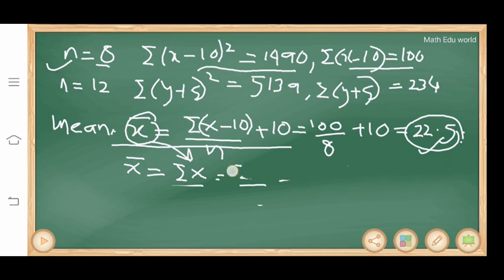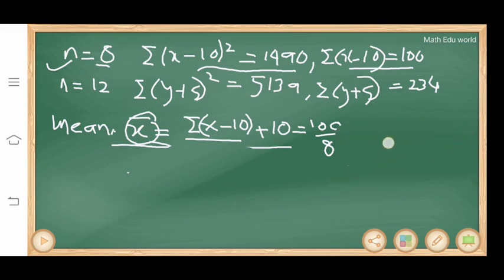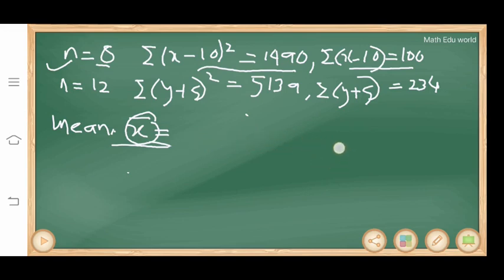Now let's go for the next part of this question, that is to find sigma x squared. To find sigma x squared, we need to use variance. Remember the formula for variance is sigma x squared by n minus (sigma x by n) the whole squared. In that formula you can find sigma x squared.